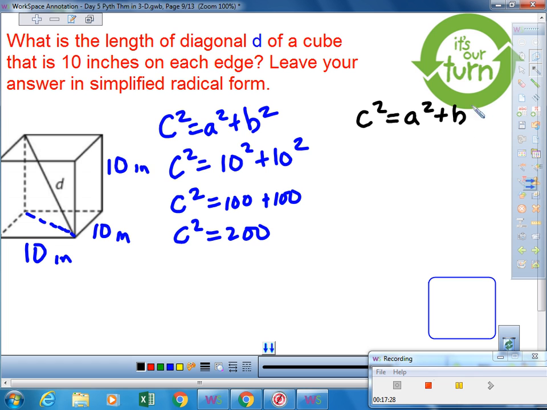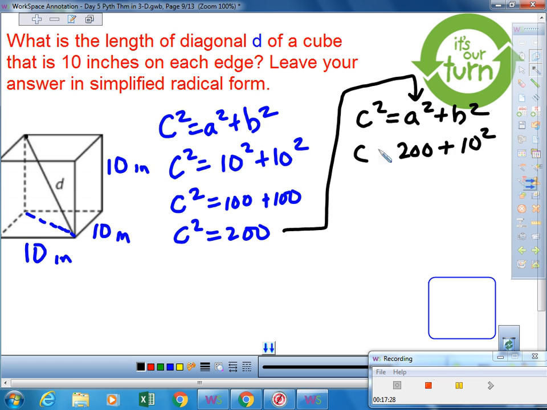So we're going to substitute that back in so we can find the diagonal that they're asking for, the diagonal D. So 200 plus, what's the other dimension? What's this one? 10 squared, right? They're always going to be 10. So C squared equals 200 plus 100.